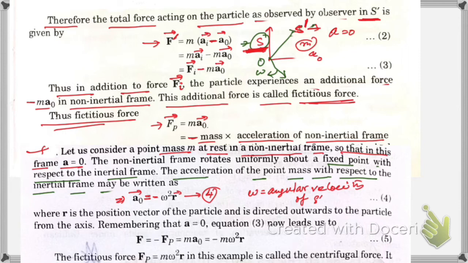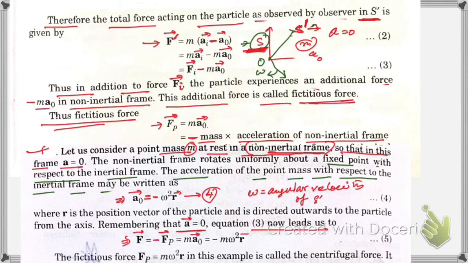Now remembering that a is equal to 0, that means the acceleration of the particle with respect to the non-inertial frame S dash is 0, because we have taken this mass m to be at rest with respect to the non-inertial frame. Then equation number 3 leads us to this equation. Let me tell you how.